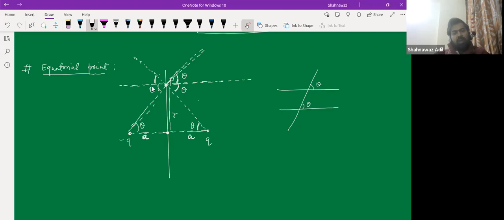Because in the equatorial point, if we have all those thetas figured out, then we can easily derive this. Again we see that this is a parallel line. This is theta, so this would be theta. Clear, everyone? Yes, sir. So why am I bothered about these? Because these are very important.